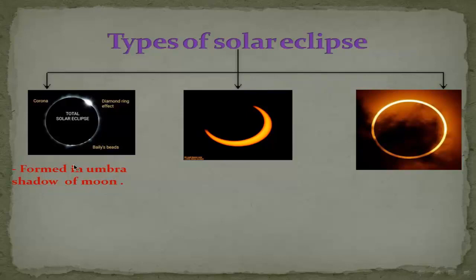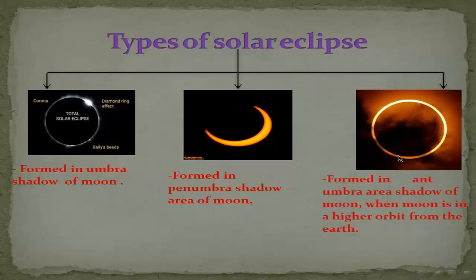Total solar eclipse is formed in the umbra shadow, the darkened inner shadow of the moon. The partial solar eclipse is formed in the penumbra, the fainter outer shadow of the moon. Annular solar eclipse is formed in the antumbra area, when the moon is in a higher orbit, very far from Earth, so it can't cast its shadow on it.